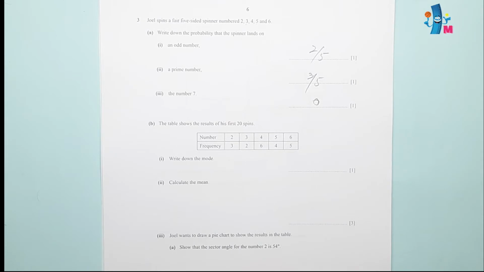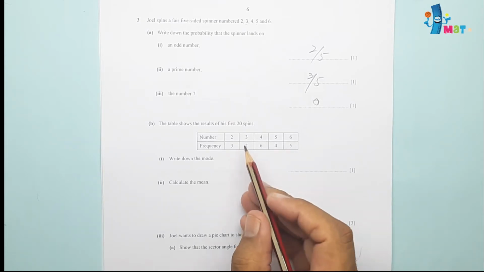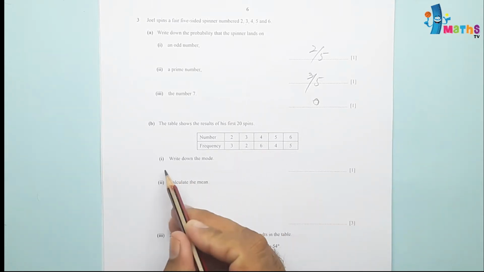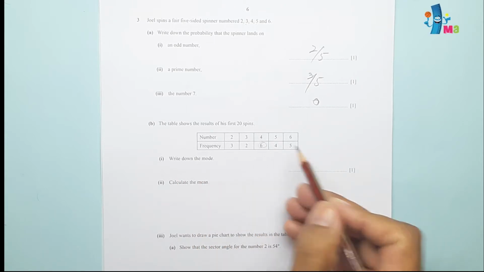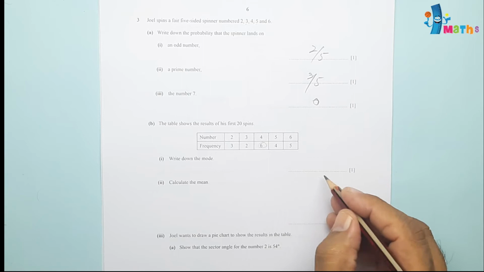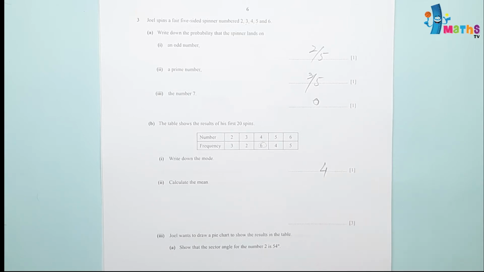The table shows the results of the first 20 spins. This is the result of the first 20 spins. Write the mode, most occurring, so number 4 will be most occurring. Calculate the mean value.